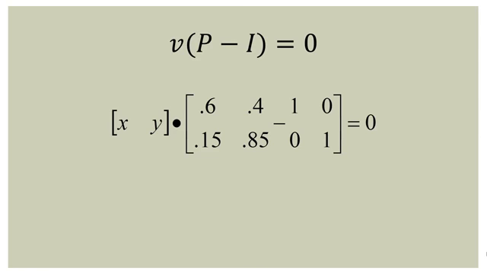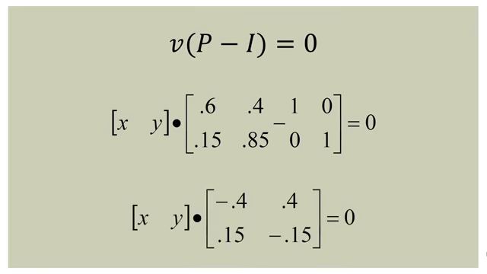Remember, when we subtract matrices, they have to be the same dimensions. These are both 2 by 2 inside the brackets, and it's simple subtraction of corresponding elements. So we have 0.6 minus 1, because they're both in the top left of those matrices. 0.6 minus 1 is negative 0.4.